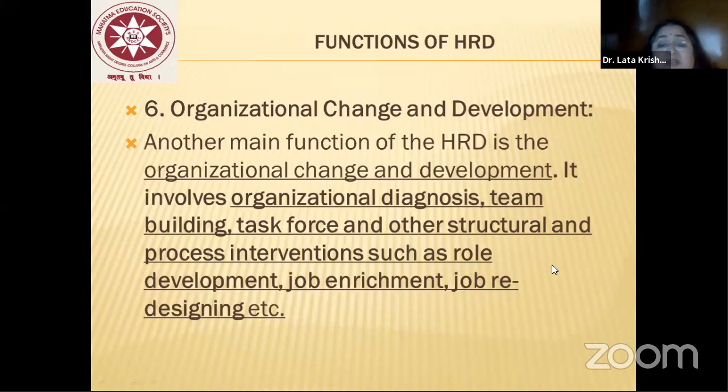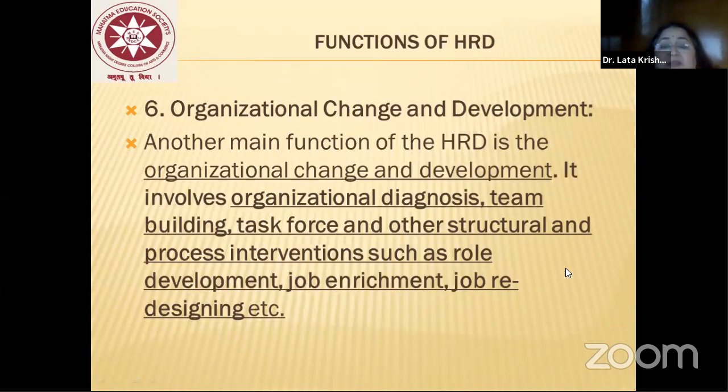What are interventions? If there is some problem, you have to stop and intervene and try to bring about a change in that activity so that you are helping it perform better. Interventions such as role development, job enrichment, job redesigning, etc. need to be done, and all this is the function of human resource development.